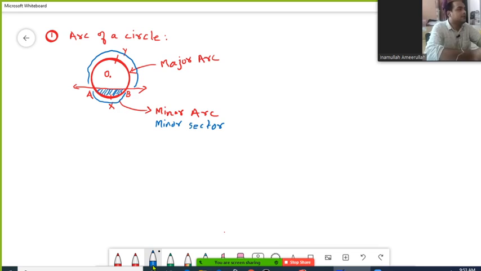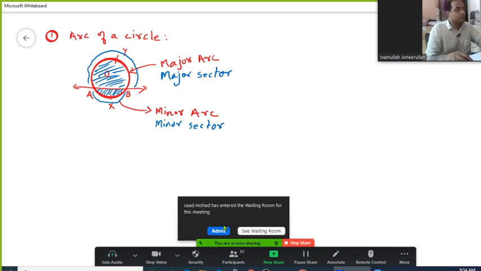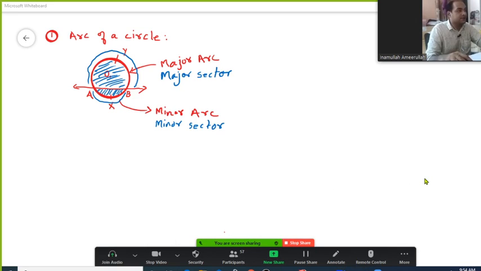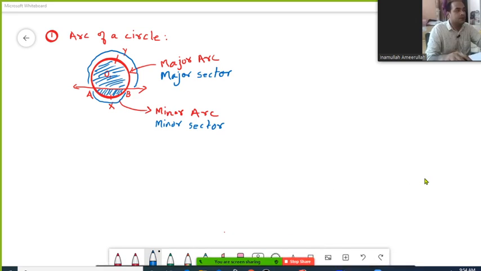and this portion of the circle with center is called major sector. So here we discuss what is minor sector, what is major sector, what is minor arc, what is major arc.